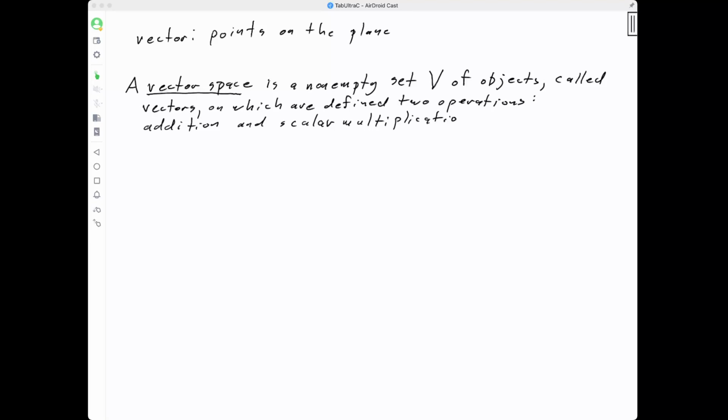So to build a vector space, you have to have a collection of vectors, and you have to define what it means to add those vectors together or to multiply those vectors by a number, by a scalar. And all of the following, for it to be a vector space, all of the following must be true.